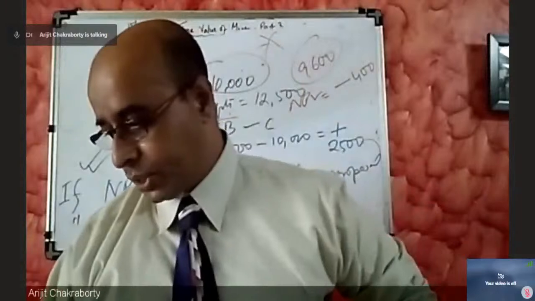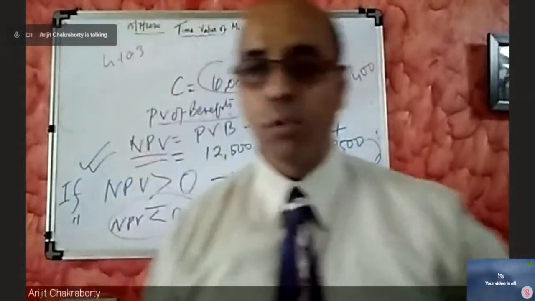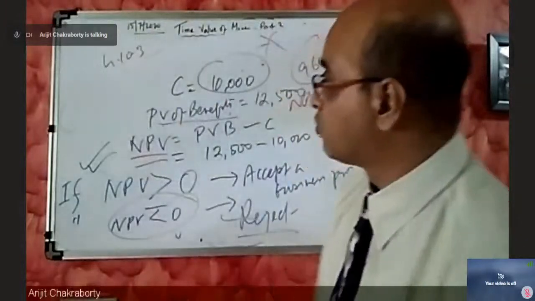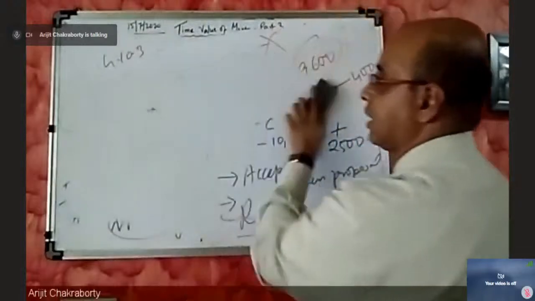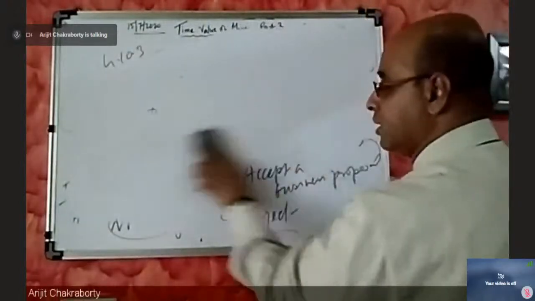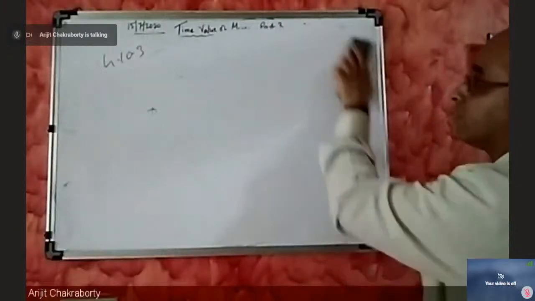Let us go into example 43, page 4.38, example number 43 on NPV, right? So we have done leasing, we have done bond valuation, we have done present value and net present value.